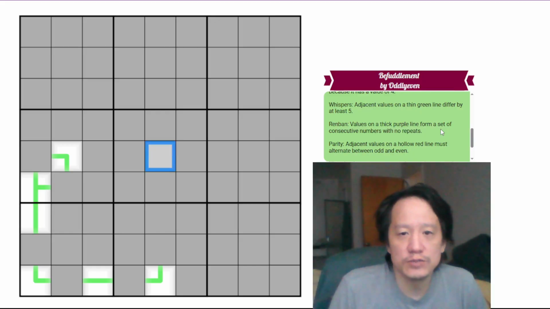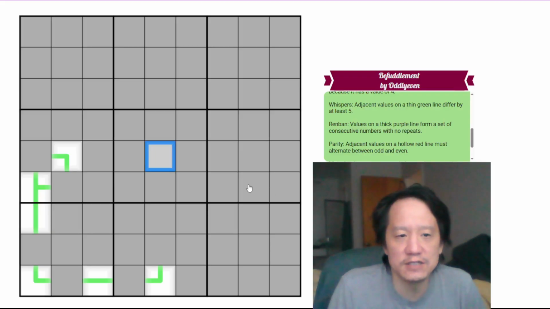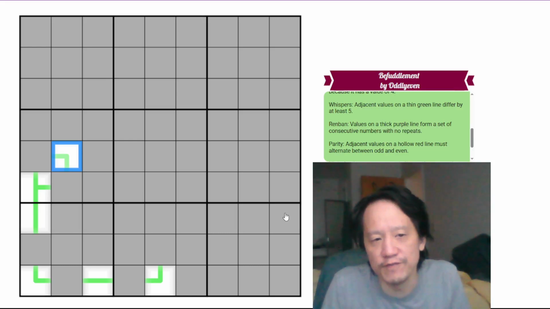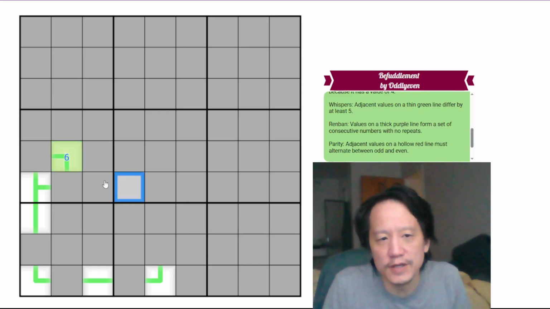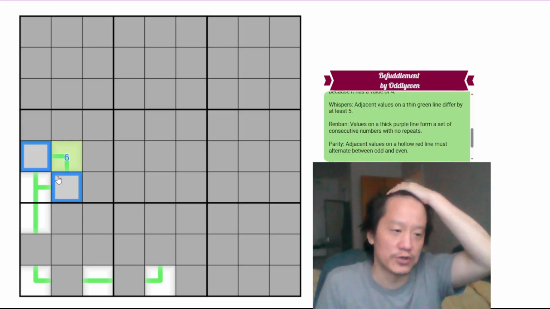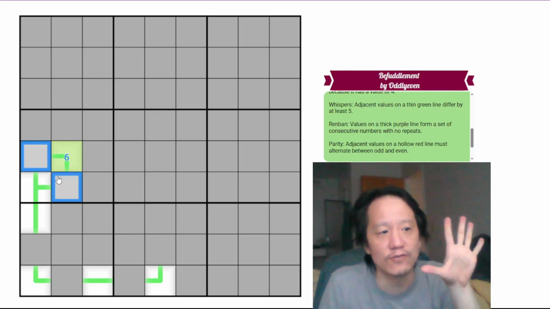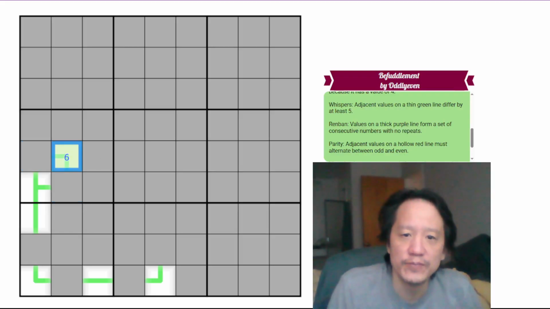So, what are the constraints? We have whispers, where adjacent values on a thin green line differ by at least 5. So, for example, if this were a value of 12, say it was the double 6, then the digits here would have to be 7 or less, because those are the values that are 5 or more away from 12.